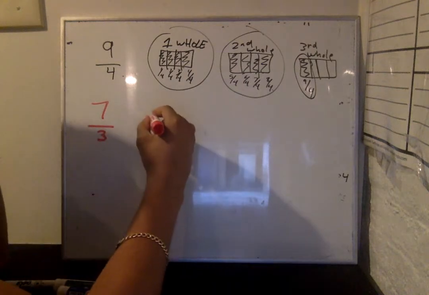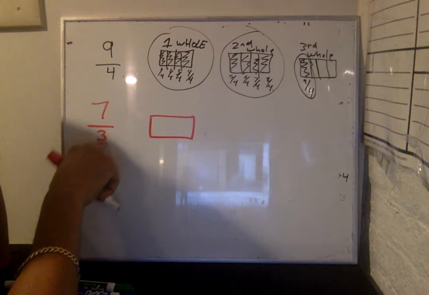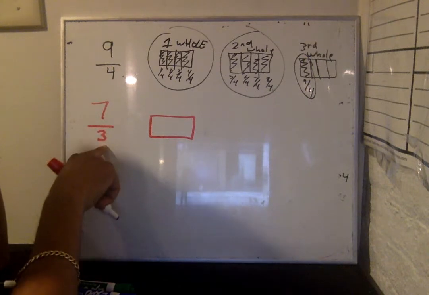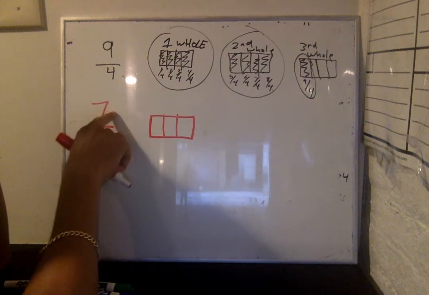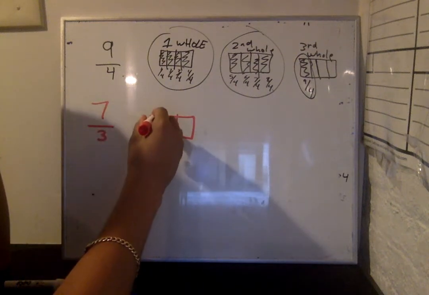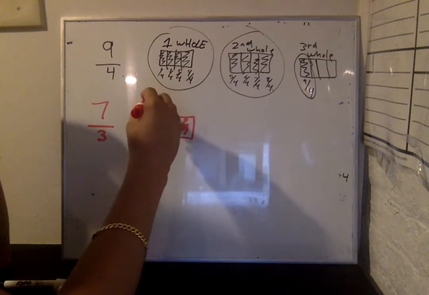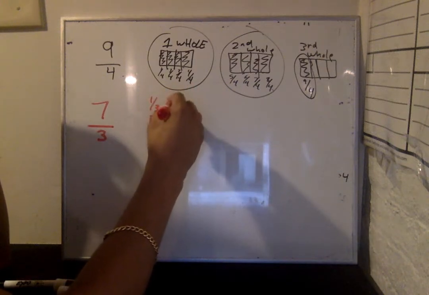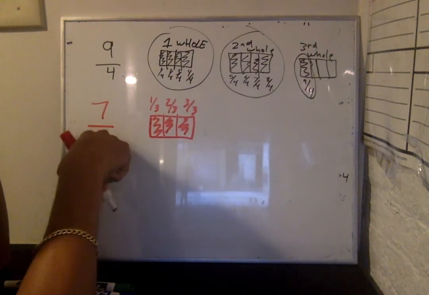All right. So what I'm going to do, I look at the denominator. That lets me know how many parts in each whole. So this is 3, but I need 7/3. So this is only 1/3, 2/3, and 3/3. I'm not at 7/3 yet.